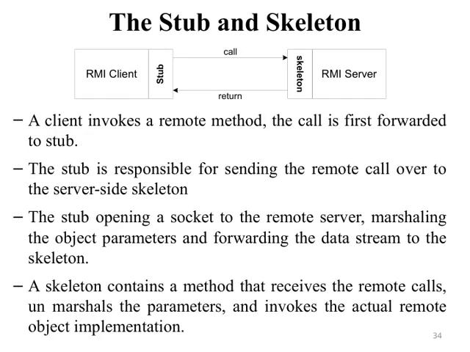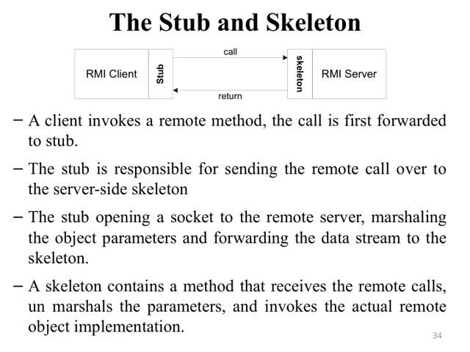Let's walk through the process of how remote method invocation works, focusing on the roles of the stub and skeleton. When a client invokes a remote method, the call first goes to the stub. Think of the stub as the client-side proxy. It acts as a stand-in for the actual remote object. The stub's responsibility is to package up the method call, including all necessary parameters, and then send this information across the network.